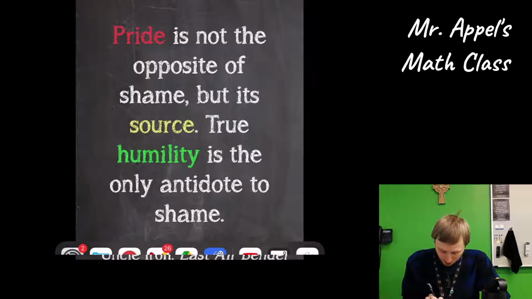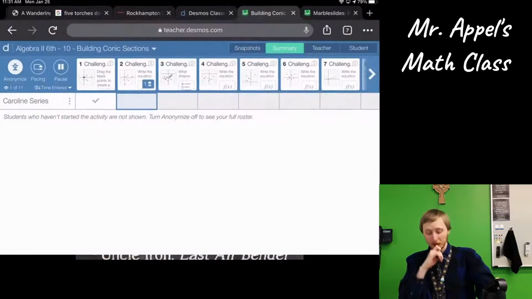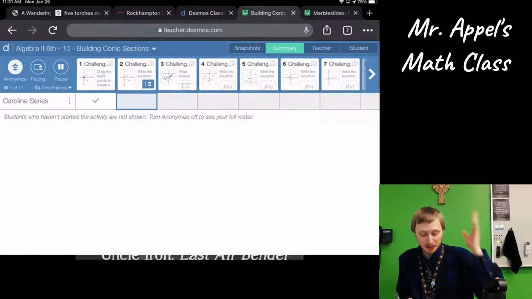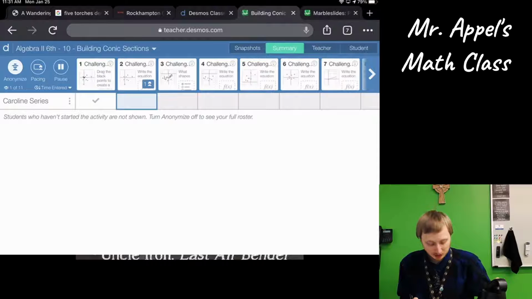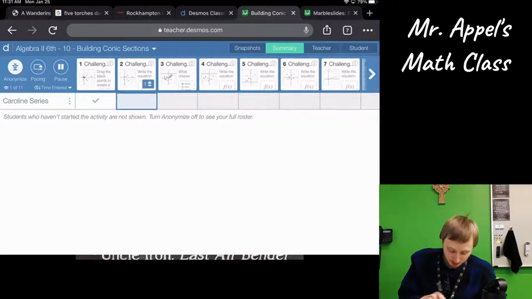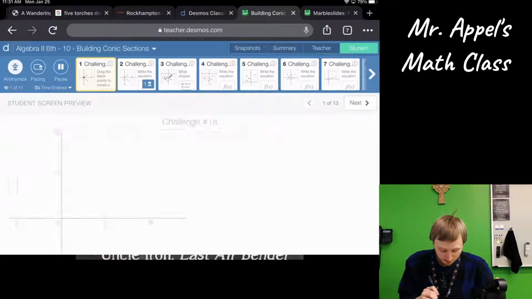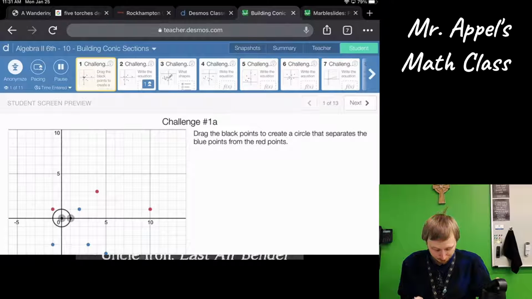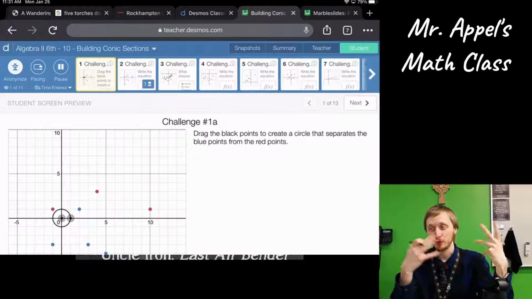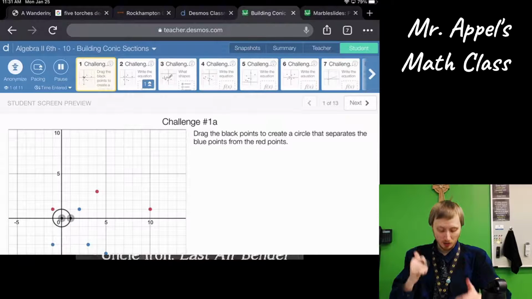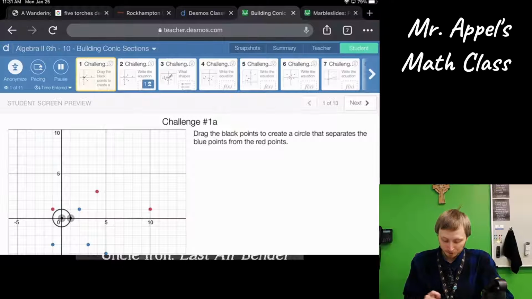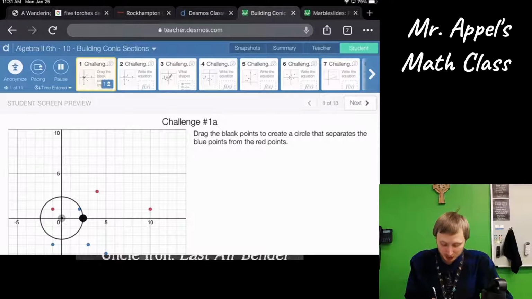And so what I have for today, to keep track of those things, is a Desmos activity, okay? And this wonderful little Desmos activity starts with a few challenges like this, right? It is about creating a region on the Cartesian plane that includes some things and excludes others.